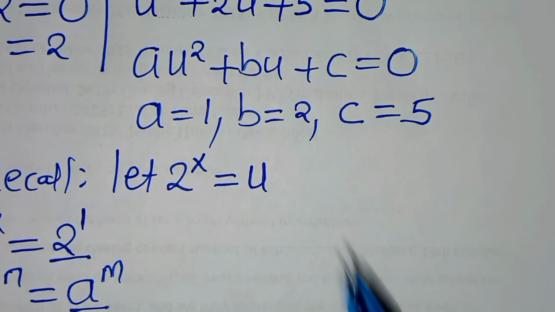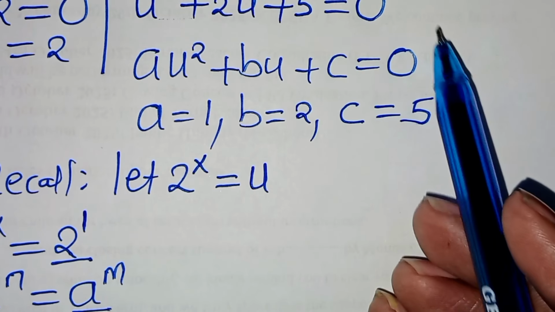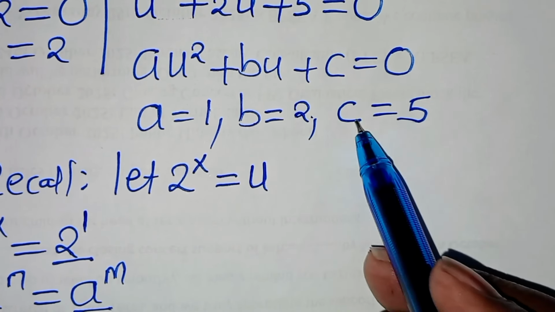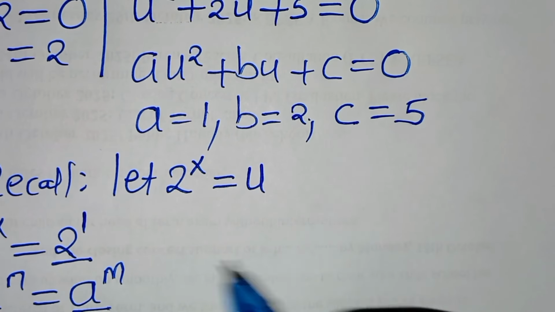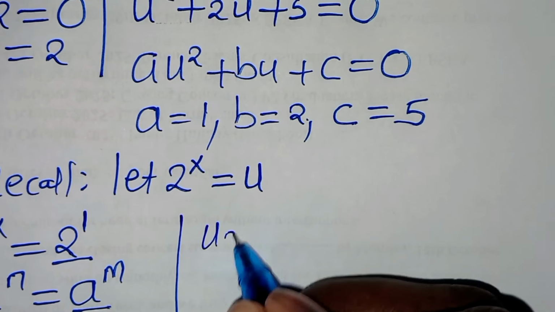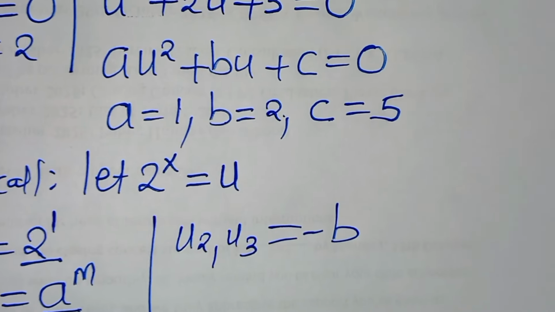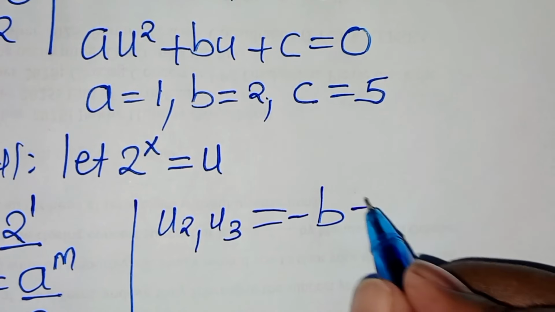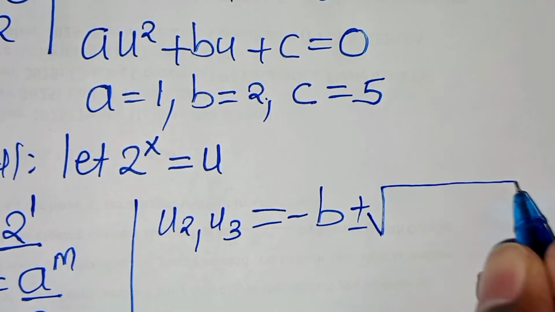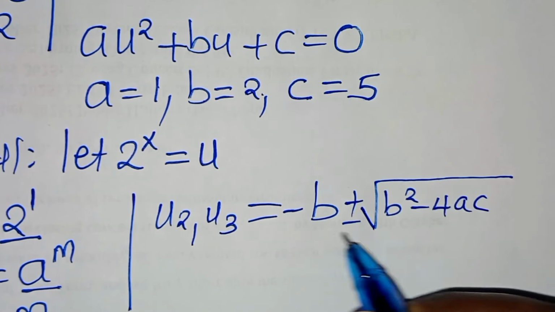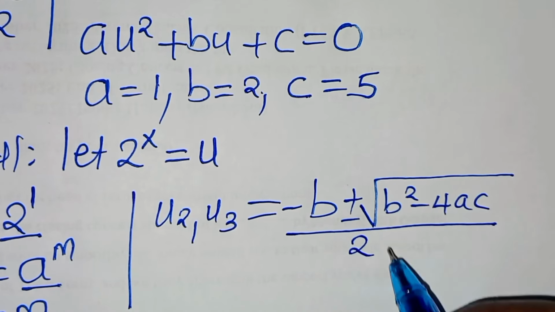From the second part here, this is a quadratic equation with a equal to 1, b equal to 2, and c equal to 5. So let's solve for u2, u3 by applying the quadratic formula, that is minus b plus or minus the square root of b squared minus 4ac, everything here divided by 2 times a.